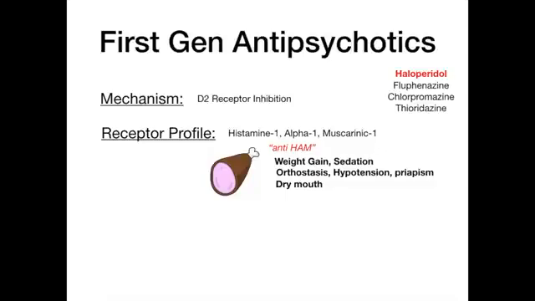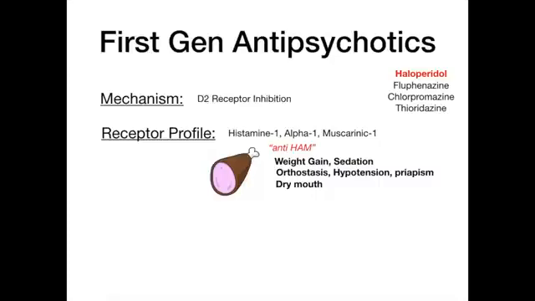When you block the alpha-1 receptor, you cause orthostasis, hypotension, and sexual dysfunction, occasionally priapism. And when you block the M1 receptor, dry mouth and visual changes. So anti-HAM. I remember this because these patients gain weight because of inhibition of that H1 receptor. So anti-HAM, I think of like eating a lot of ham and getting fat. These patients get fat. Just helps me remember.